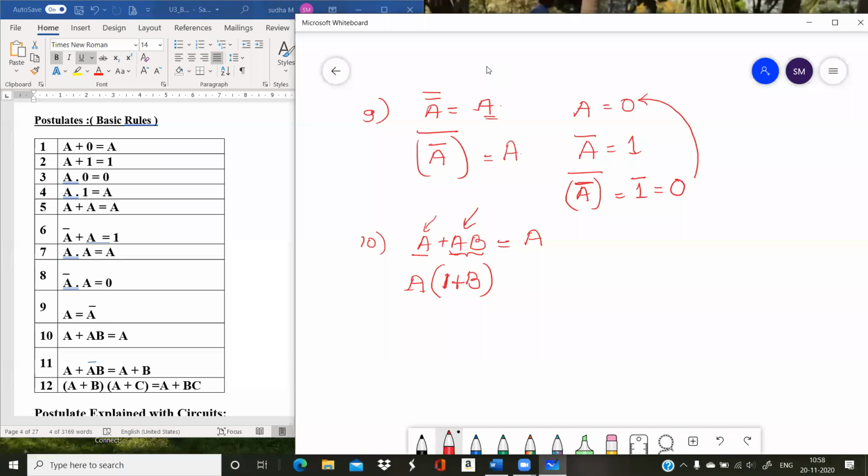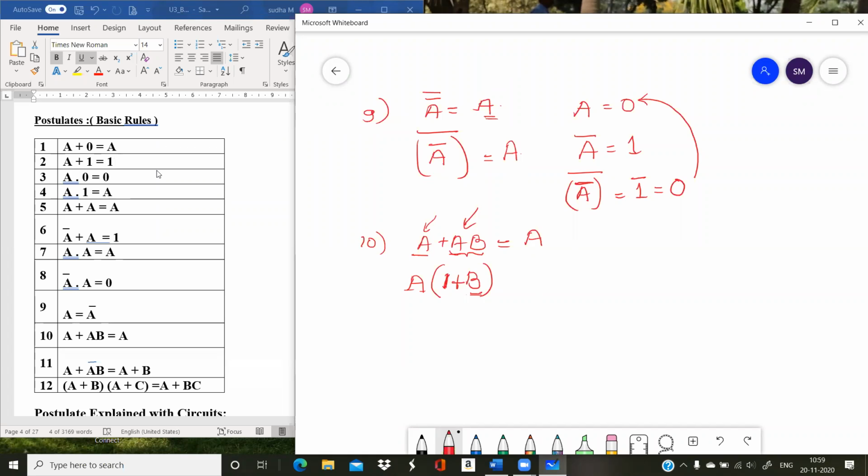Now, A into 1 plus B. See, B is one more variable, which is just like A only. It is another variable. Now from this postulate, A plus 1, see here in the table where the cursor is moving, A plus 1 is equal to 1.